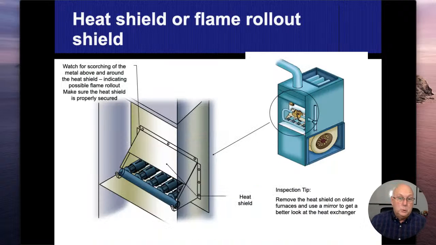Going back to natural draft furnaces, I can't tell you the last time I've done this, and I don't know if I ever will again. We used to take off the draft hoods and try to get inside the heat exchanger where the burners are and visually check it for holes or cracks in the heat exchanger.